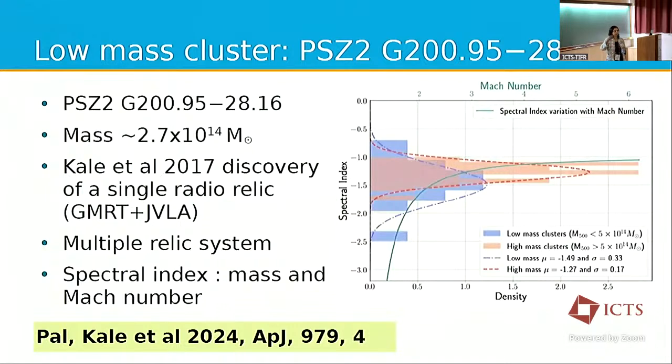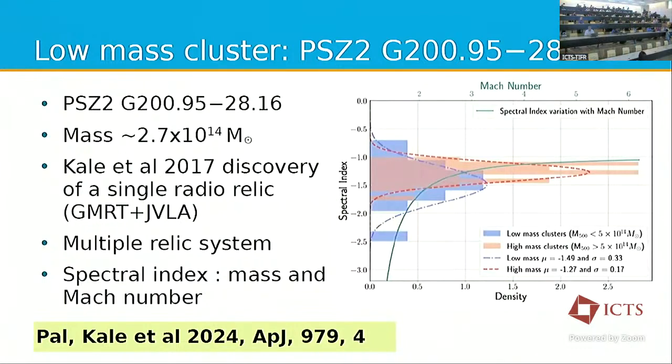LOFAR's low band array, LBA, is only now starting to produce sensitive images, and those would likely pick up the mega halos. So in clusters like Coma and Virgo, will we see mega halos, you think?